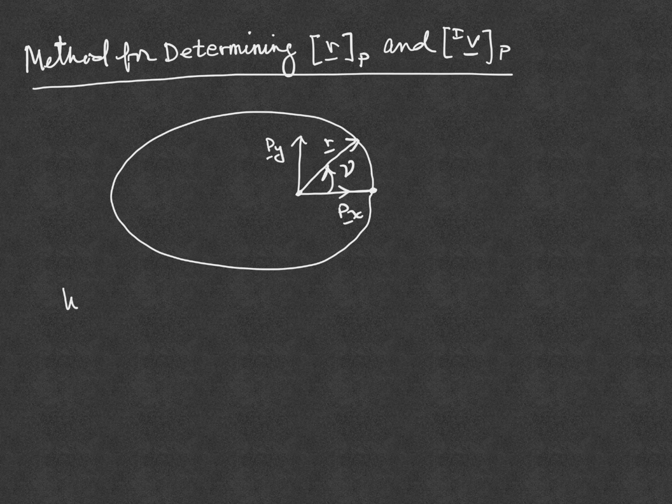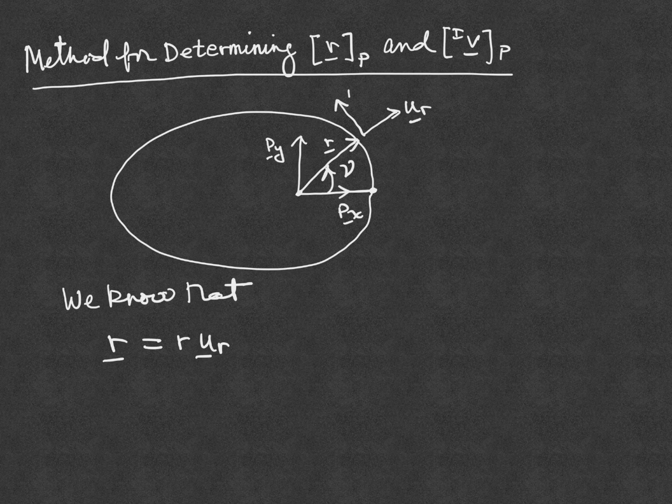So we know that R is equal to R u_R, where this direction along R is u_R, and I'm going to complete this basis. This direction is u_nu, and then the direction out of the page is u_Z.